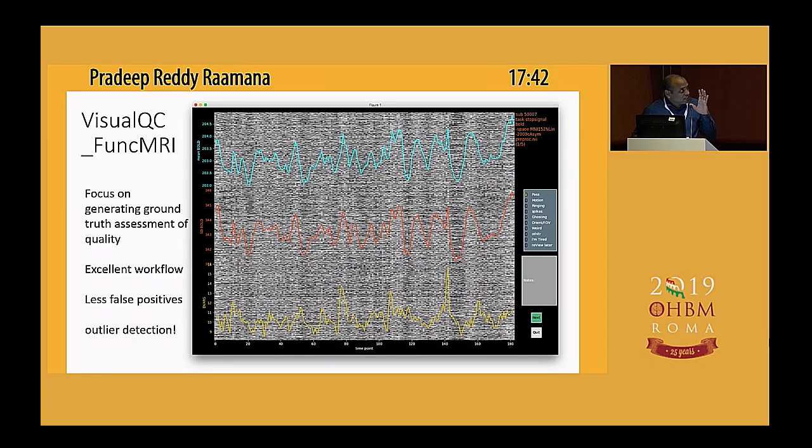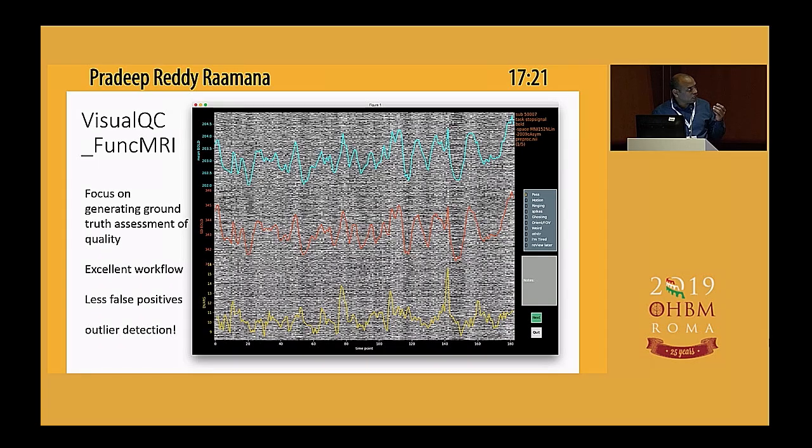So the reason this is laid out in this particular manner is to pick out outliers quickly, like the outliers we saw in the diffusion MRI talk. If you see something really dropping down, at the right hand quadrant, you can see one black band from top to bottom. That's where some issues are, for example, and I quickly rate it.